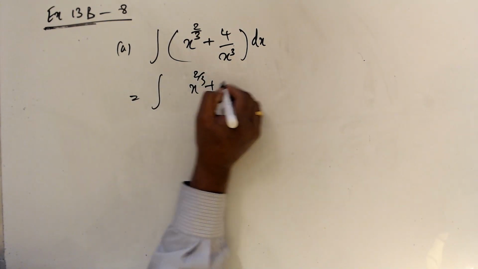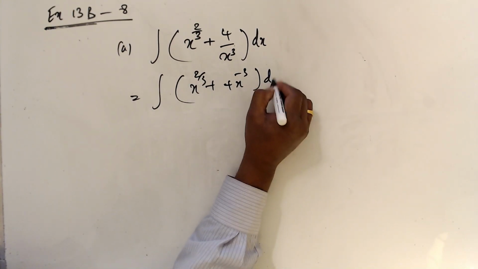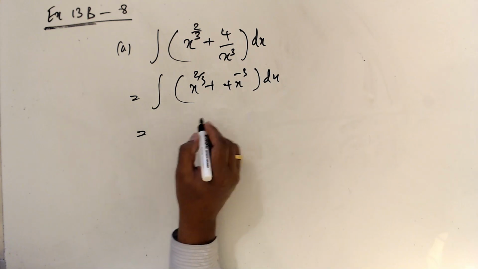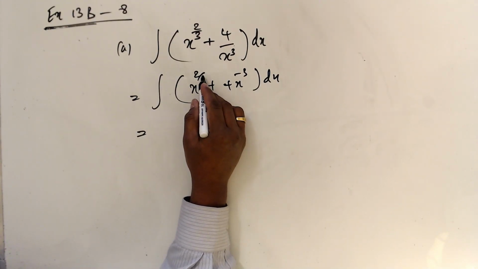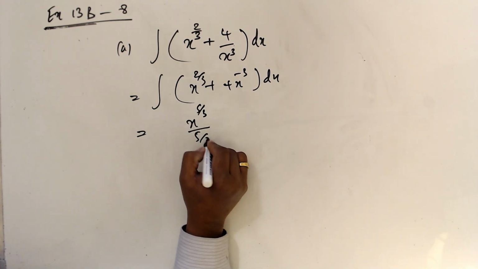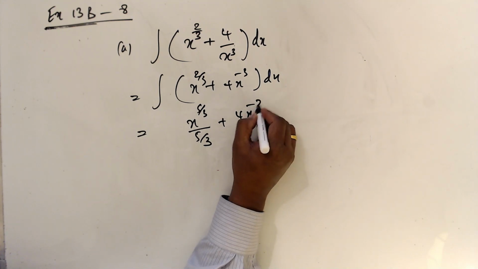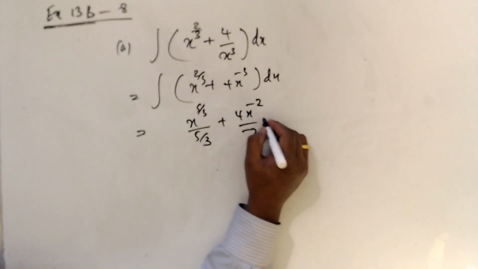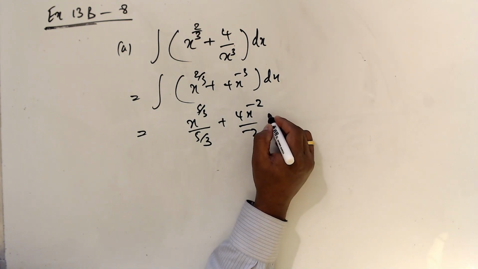x² over 3 plus 4x minus 3, this is dx, and 8 part A: this is x² over 3 plus 5 over 3, over 5 over 3, plus 4x minus 2 over minus 2, minus 3 plus 1 minus 2, plus c.